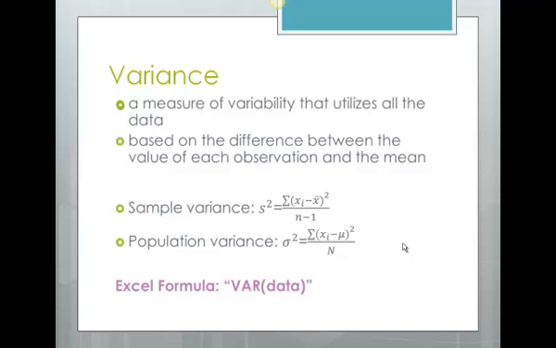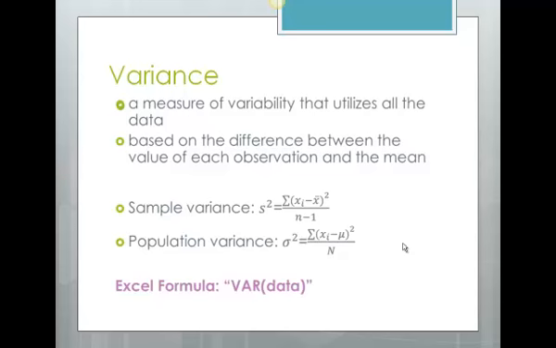We see x sub i, that's each individual observation, minus x bar, which is its mean, squared. Then we add up all of those deviations from the mean, and we divide that by n minus 1, the total number of observations in your sample minus 1. Or we will be using the variance function in Excel.